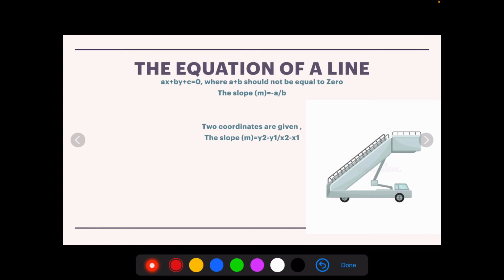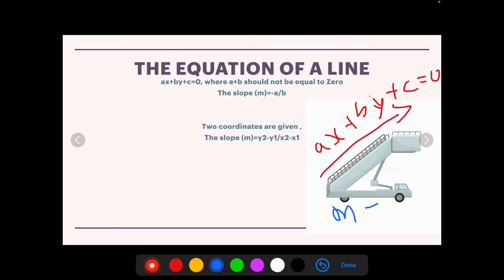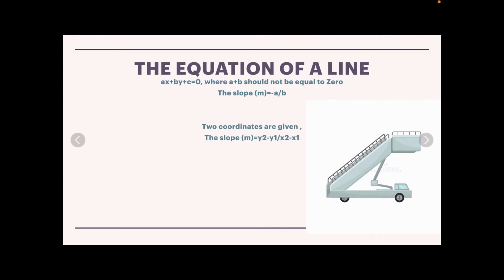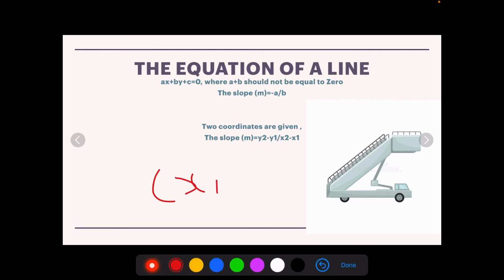We are given the equation of the line. This is ax plus by plus c is equal to 0. Now we have to find the slope, and the simple formula for the slope is minus a by b. Here we are given the coordinates x1 comma y1 and x2 comma y2.